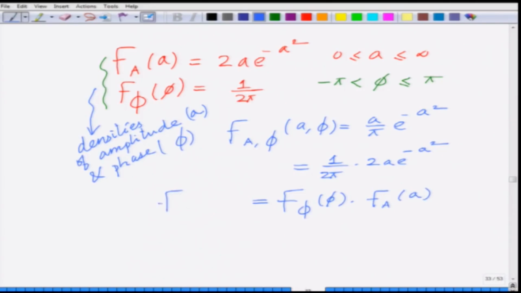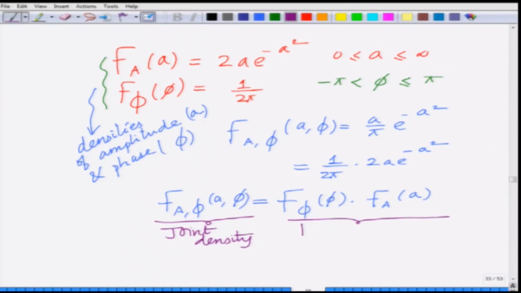So, what we have is that the joint density with respect to the phase and amplitude is equal to the product of the marginal densities of the amplitude and the phase.